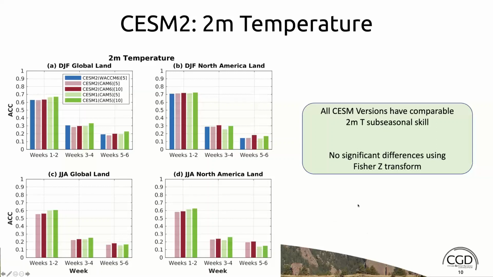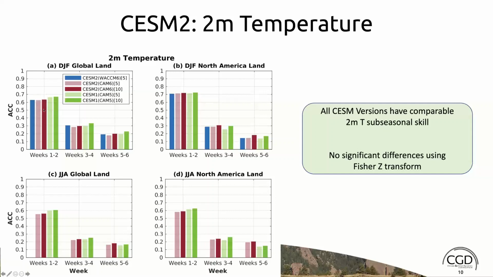So what I've plotted here is all our NCAR model versions and looking at skill for weeks 1, 2, 3, 4, and 5, 6. And in addition, we know that the ensemble size matters, and we only have 5 ensemble members for WACM. So we subsampled some of the larger ensembles to also include 5 members. That's why you're seeing 5 bars here.